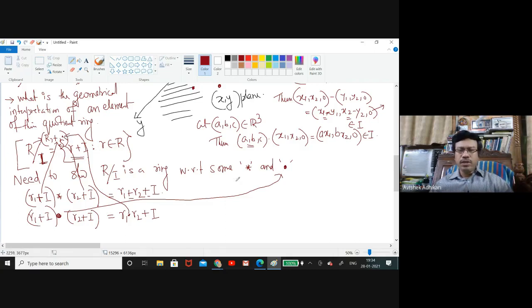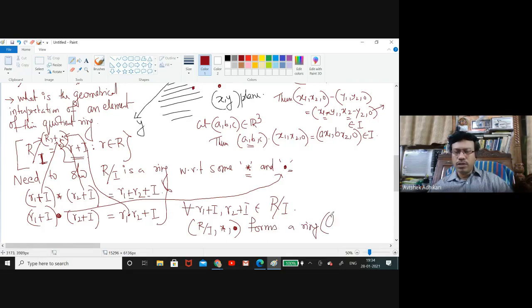So now with respect to this star and this big dot, we can show that if this is true for all R1 plus I, R2 plus I belonging to R quotient I, then it's very easy to show that with respect to the star and dot, R quotient I forms a ring, and this ring is called the quotient ring.